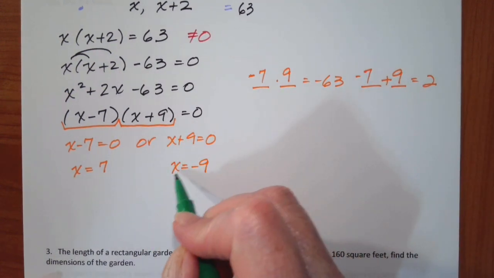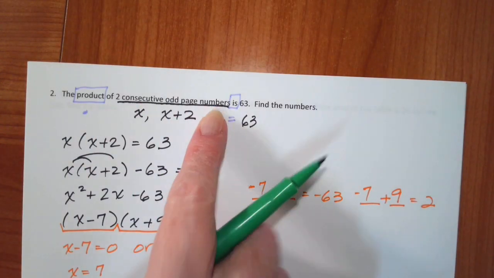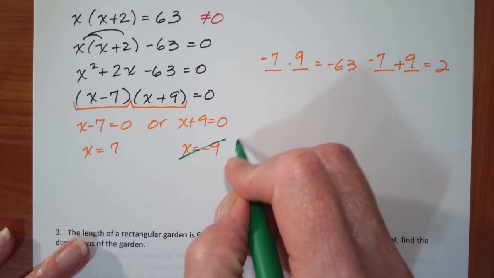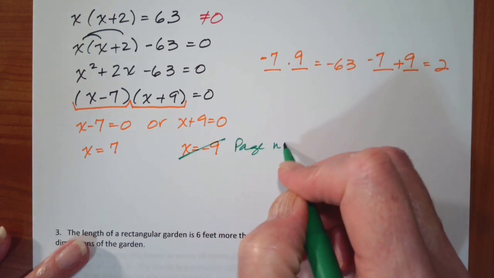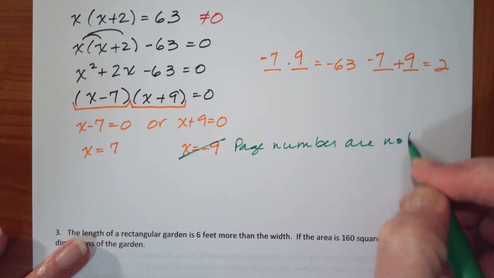I can cross this off because these are consecutive page numbers. Page numbers are not negative.